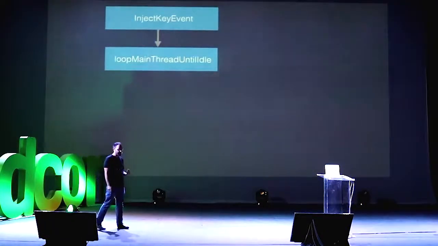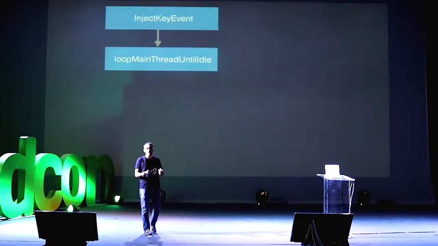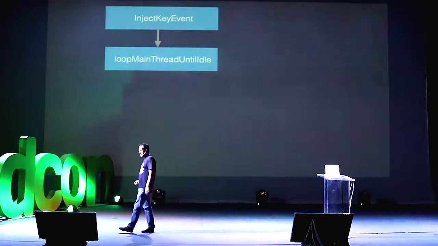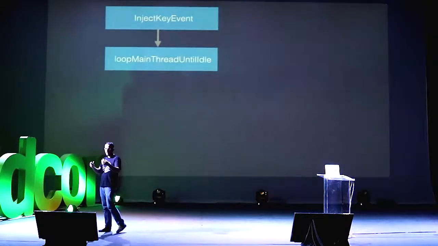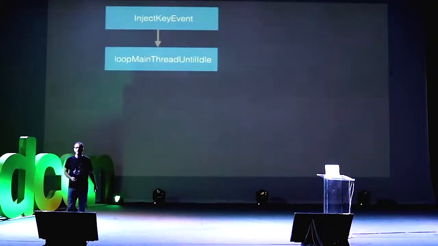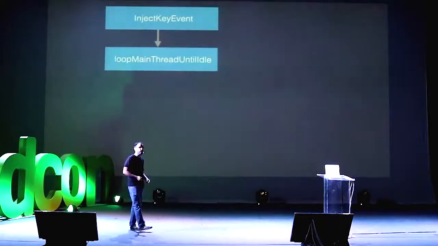So we are trying to inject a key event. Imagine that my test wants to put a letter A in an EditText. So the first thing is injecting the key event. But the first thing this class does is loop until the main thread is idle.